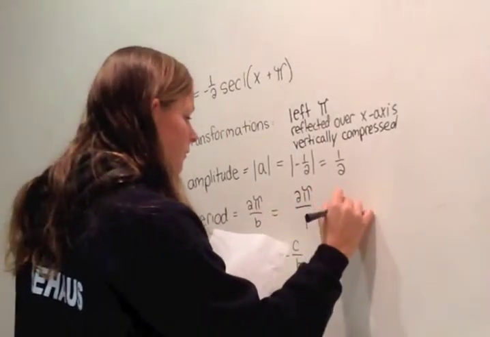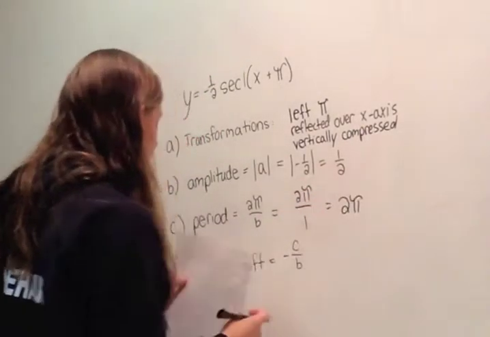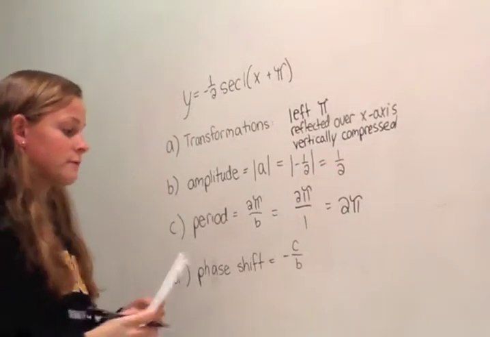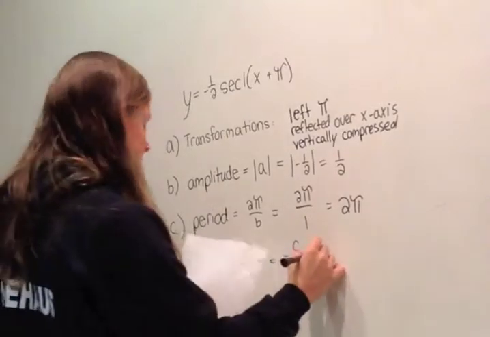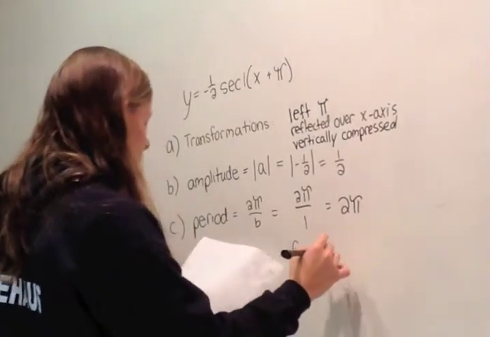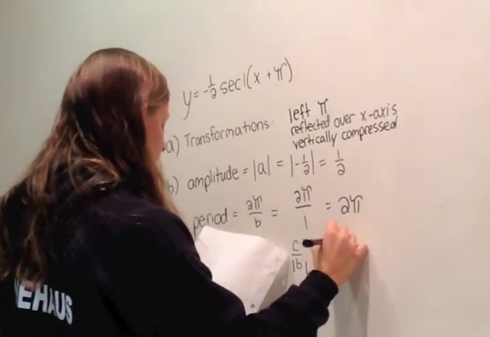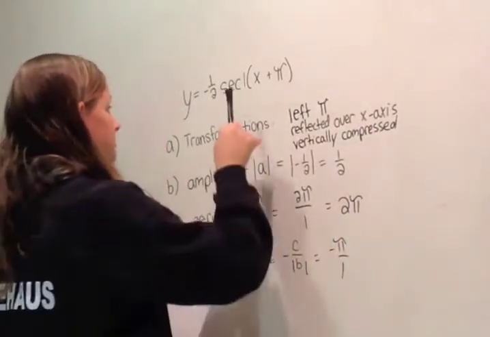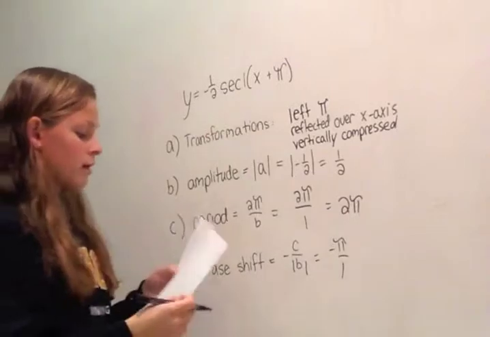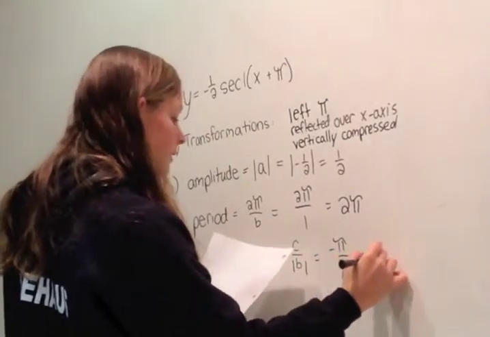So that becomes 2 pi. To find the phase shift, you do negative c over the absolute value of b. In this case, negative c over b would equal negative pi over 1 because pi is c and 1 is b. Okay, so that would equal negative pi.